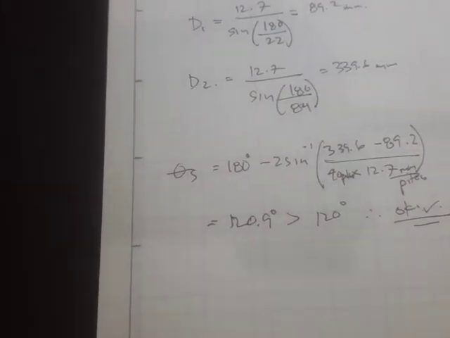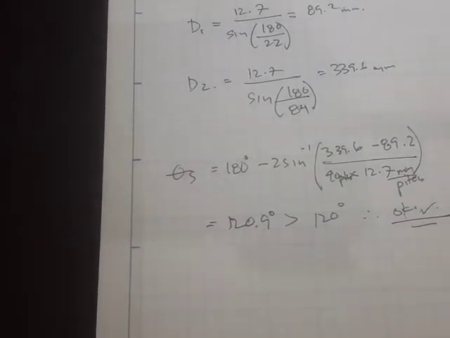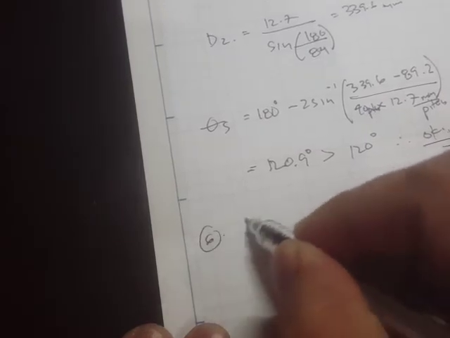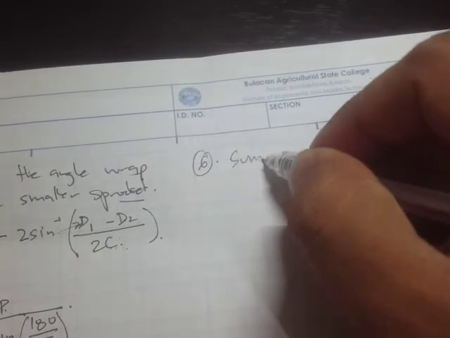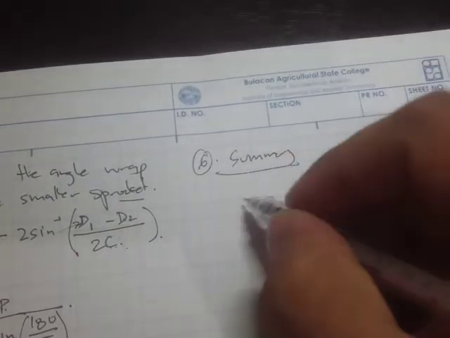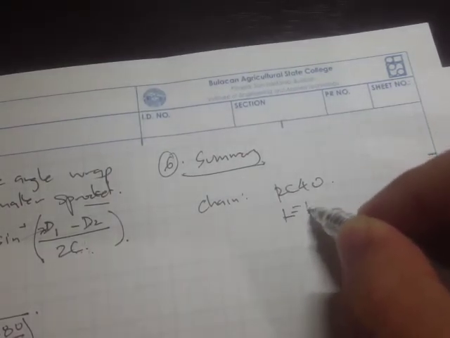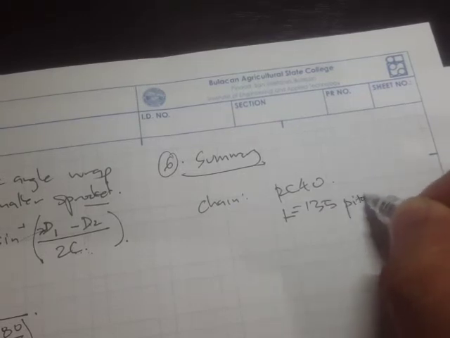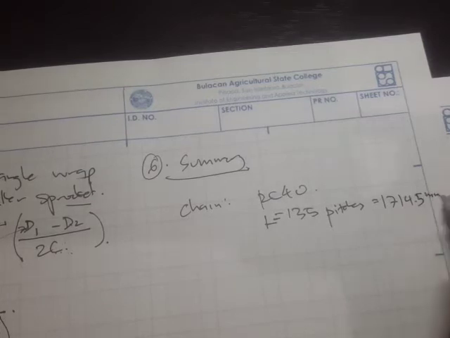Okay, what else? I guess we can now provide a summary. Next for this, let's just write here 6. So for the summary, for the chain, we have RC40, and the length is equal to 135 pitches, or 1714.5 mm.